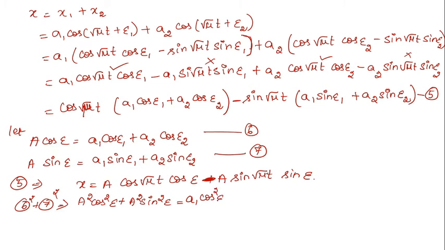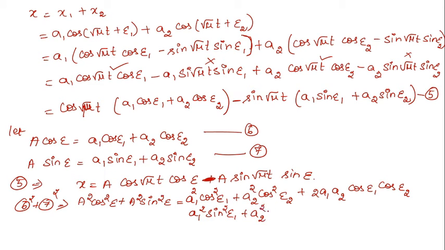So it will be A1 cos epsilon 1 plus A2 cos epsilon 2, whole square, giving A1 square cos square epsilon 1 plus A2 square cos square epsilon 2 plus 2A1 A2 cos epsilon 1 cos epsilon 2. Similarly, for the 7th squared, it will be A1 square sine square epsilon 1 plus A2 square sine square epsilon 2 plus 2A1 A2 sine epsilon 1 sine epsilon 2.